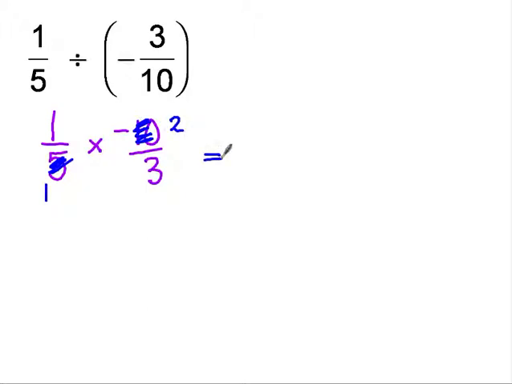So my answer is actually negative 2/3. Now, one of the things about negatives is you never put a negative in the denominator. Your negative goes with the numerator, or it goes even with the fraction bar, but it never goes in the denominator. So I don't care if you've got a -3 in the denominator, you don't put that in your answer. You put it even with the fraction bar or in the numerator.